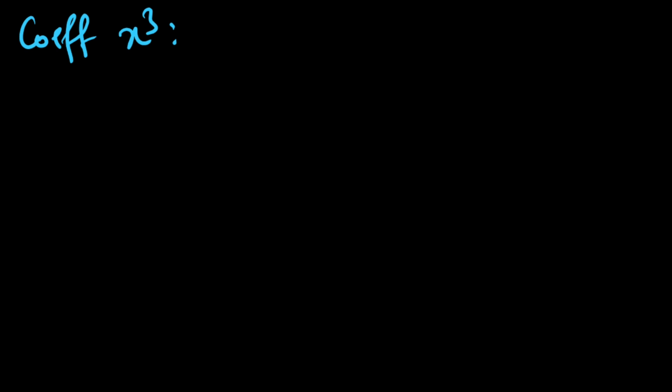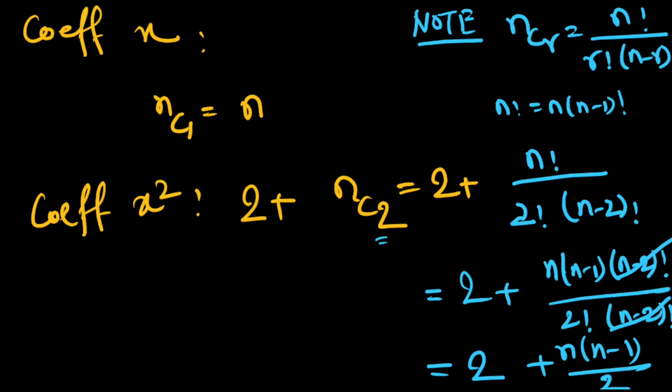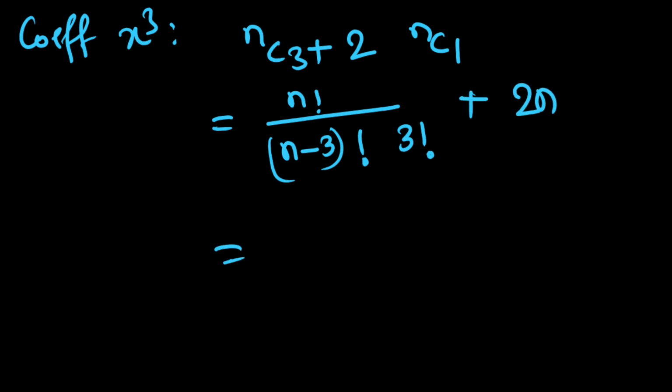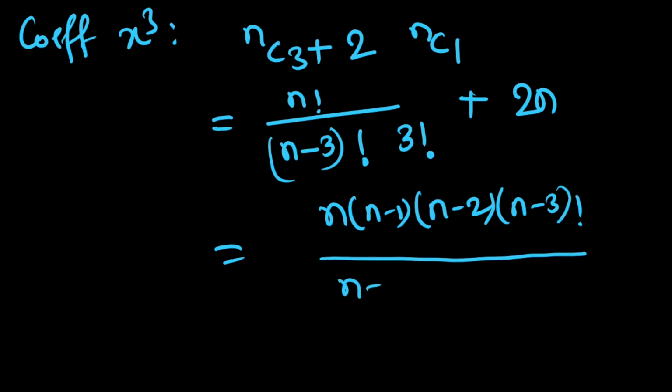Therefore the coefficient of x³ is nC3 + 2·nC1. Using the formula, nC3 = n(n − 1)(n − 2)(n − 3)! over (n − 3)!·3!, where 3! means 3 into 2 into 1, plus 2n.